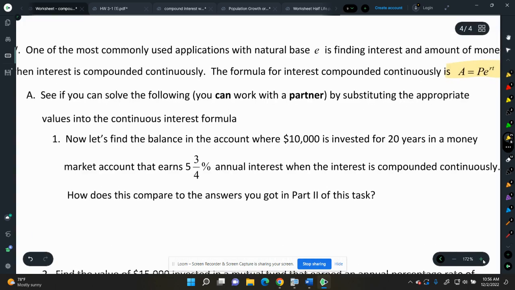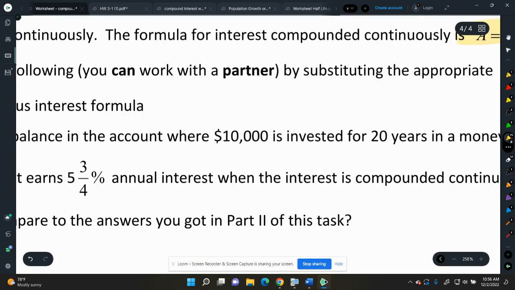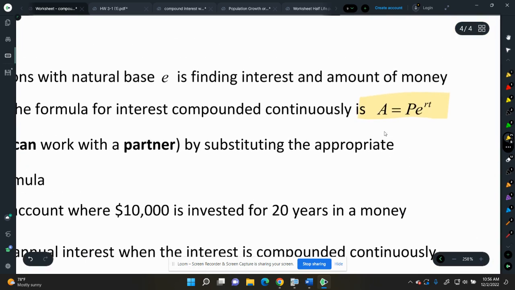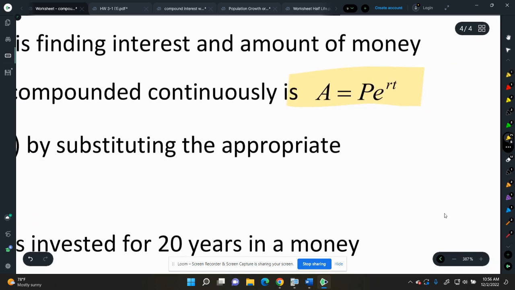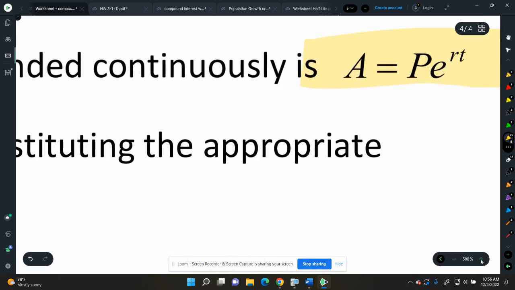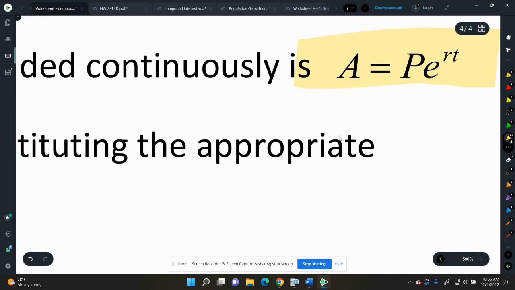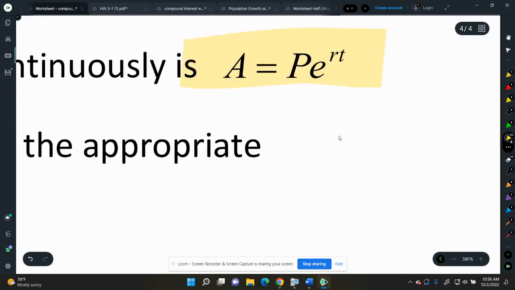It's similar to our other compound interest formula. I call this the PERT formula. A equals P times e to the power of rt.